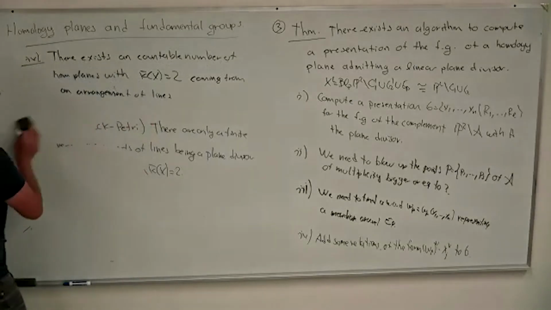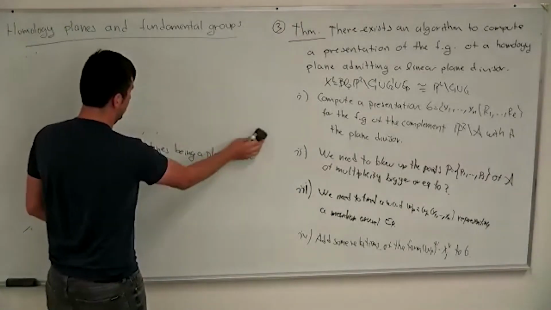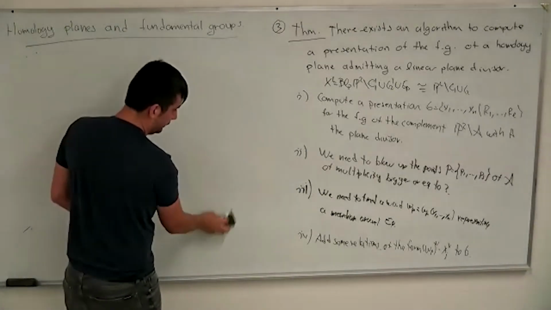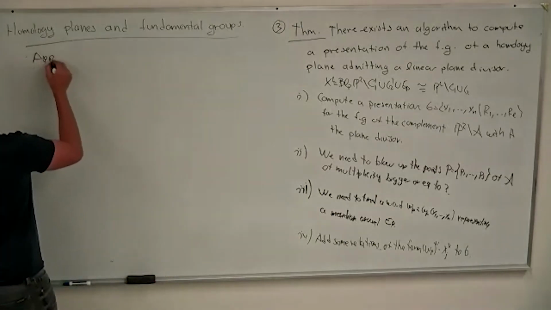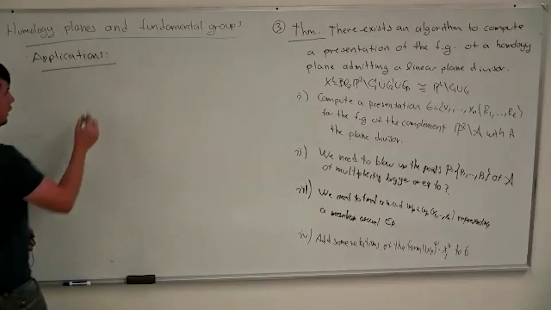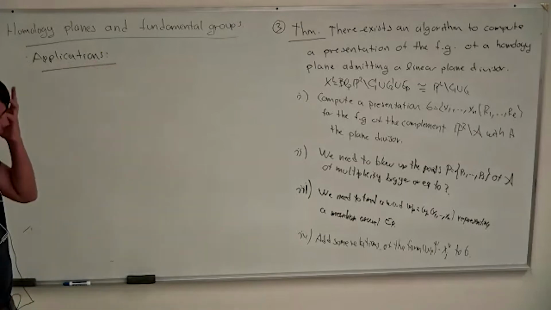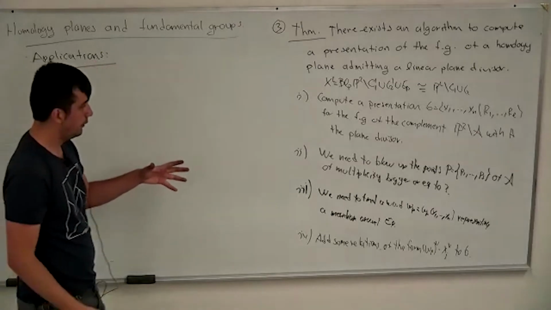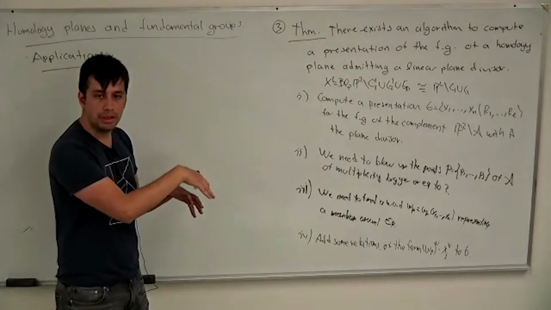So just let me give you some consequences of this. So some applications. I didn't write it, but we have a theorem of Orečkov that says that when you have a homology plane, you cannot have a Seifert homology sphere bounding this homology plane.